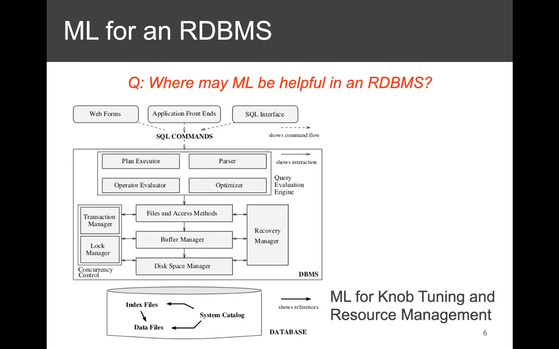Now, a lot of this telemetry data is currently in the hands of database companies and cloud providers. It's not available that much outside of academia. And so one of the tussle points right now is how can many of the claims that companies are making about usage of ML in this context be verified and vetted? How can it be reproducible if they're not going to release these logs? There's a lot of conversation around that at SIGMOD and VLDB that I saw. Some of these companies like Microsoft are considering releasing logs.